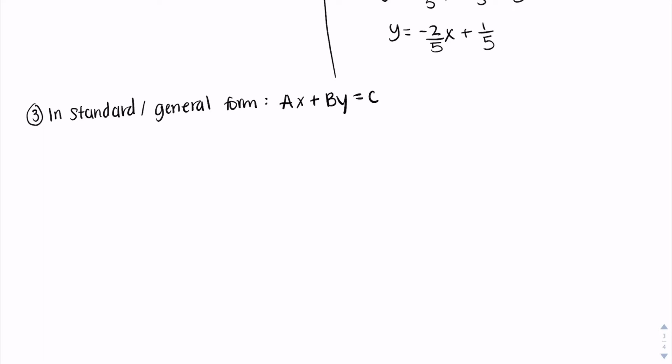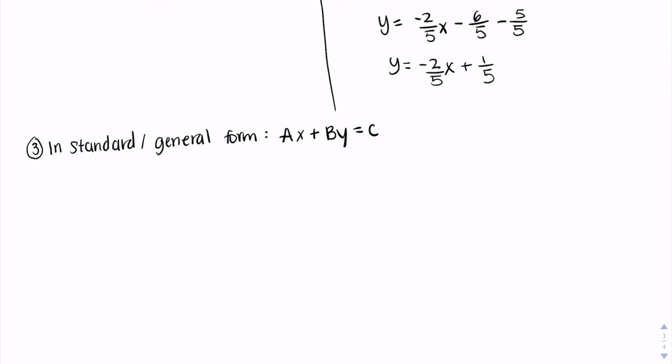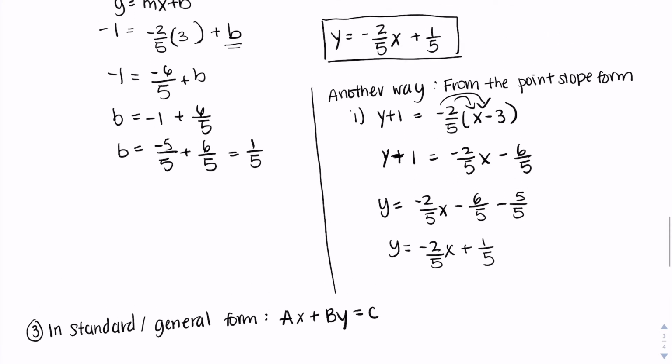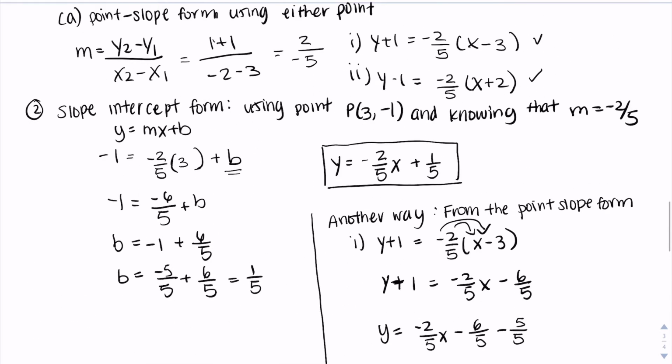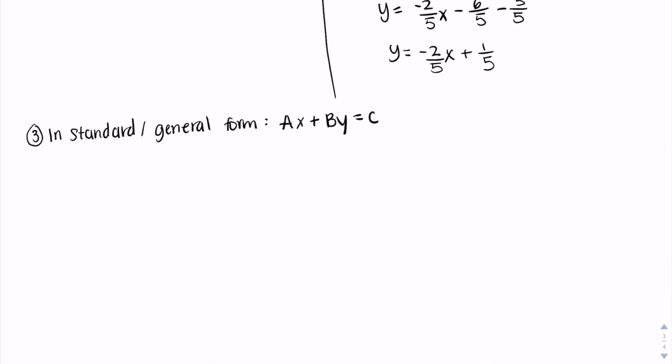From this, let's use the equation that we found from the point-slope form or the slope-intercept form. So let's just put it as y equals negative 2 over 5x plus 1 over 5.